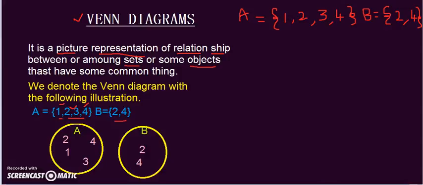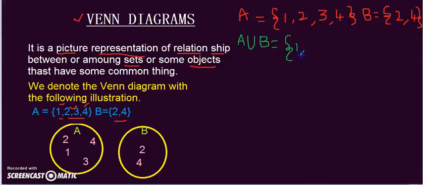Okay, now I am going to define a new relation, which is A union B. What is A union B? A union B is nothing but the union of both A and B, which is the collection of A and B elements.